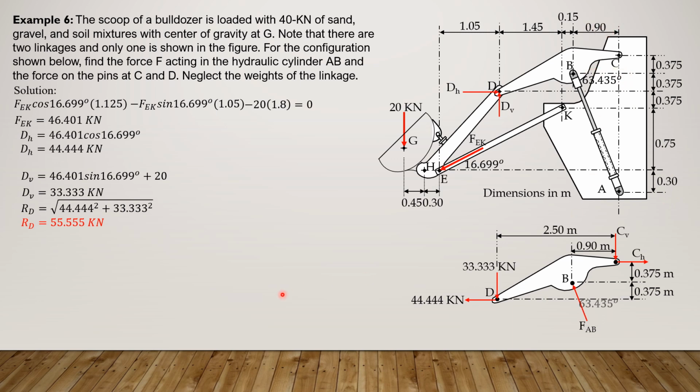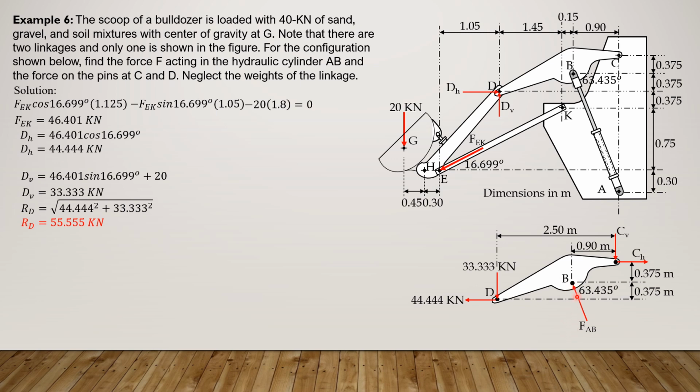Therefore, the angle is equal to 63.45 degrees. Again, the 63.45 degrees is arctan of 1.8 divided by 0.9, or arctan of 2. So there are two components, one horizontal, the other vertical.